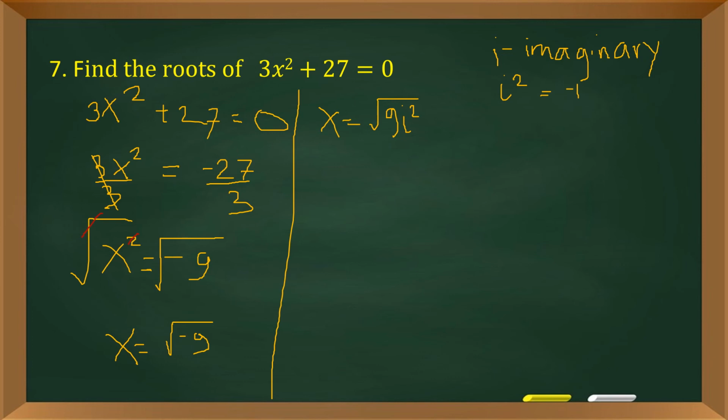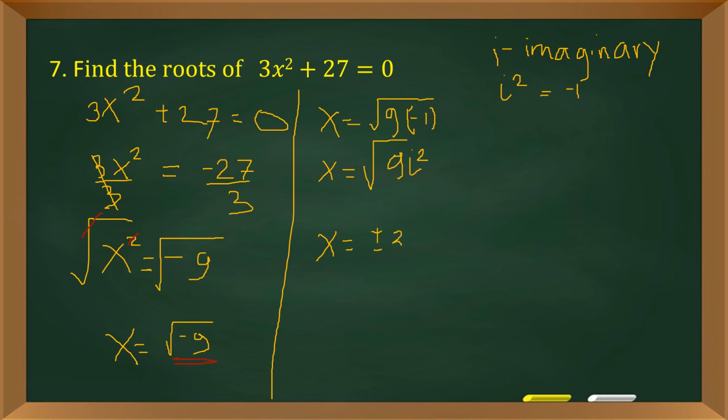So, when we say -9, like earlier, it means 9 times -1. But -1, using the imaginary symbol, is i squared. So it is 9i squared. And since we can now take the square root of 9, take it out as a square root.